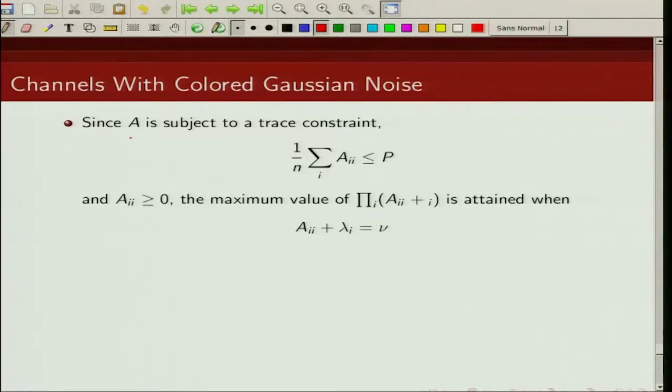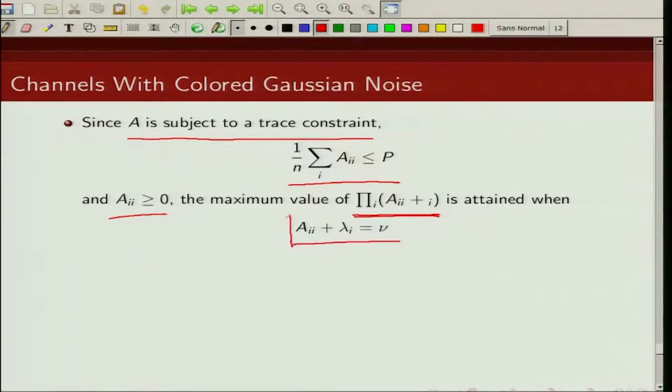Now since A is subject to this trace constraint given by this and Ai has to be greater than or equal to 0, then the maximum value of this product of these diagonal elements is obtained when this is equal to some quantity mu.